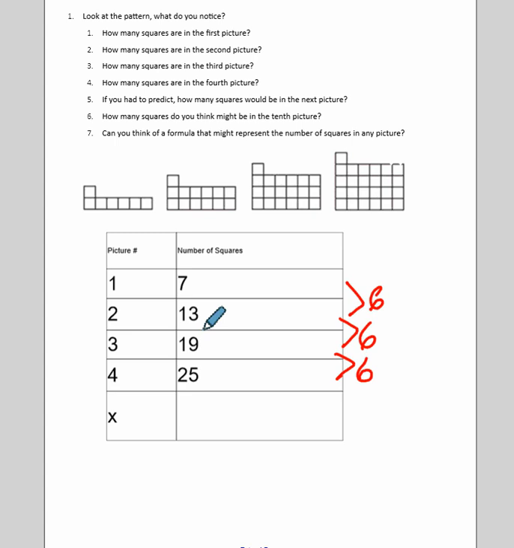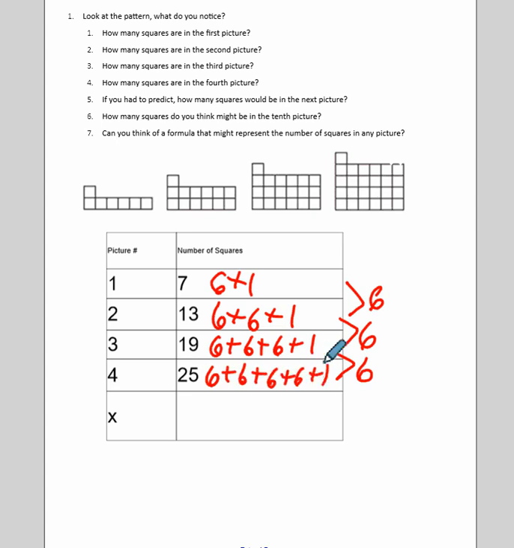So obviously it's not efficient to just keep going. However, in the 10th picture, so here we have 6 plus 1. Here we have 6 plus 6 plus 1. Here we have 6 plus 6 plus 6 plus 1. And then we have 6 plus 6 plus 6 plus 6 plus 1. So if we were trying to generalize this into a formula, what's a faster way of writing 6 plus 6, or 6 plus 6 plus 6, or 6 plus 6 plus 6 plus 6? It's to multiply.